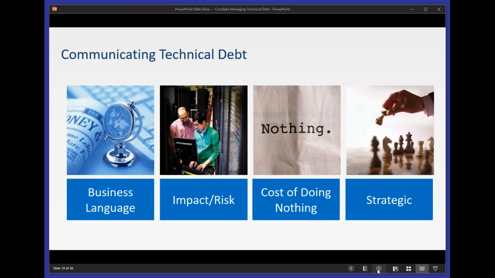Communicating technical debt ties on to the comments that I've just made. You have to communicate technical debt in business language. It has to be cost and risk considered. So when we think about impact and probability, we have to convey what is the impact of doing something or doing nothing, and we have to think about the risk to the business.